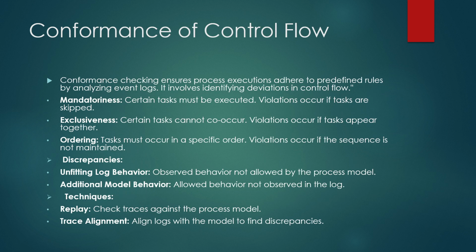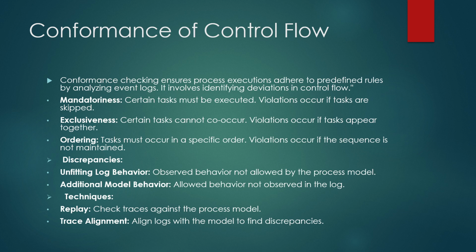Now we move forward to a new topic, which is conformance of control flow. Conformance checking ensures that business process execution adheres to predefined rules by analyzing event logs. We need mandatoriness, which means certain tasks must be executed, and violations occur if these tasks are skipped.